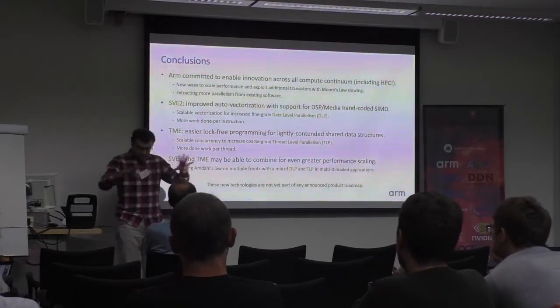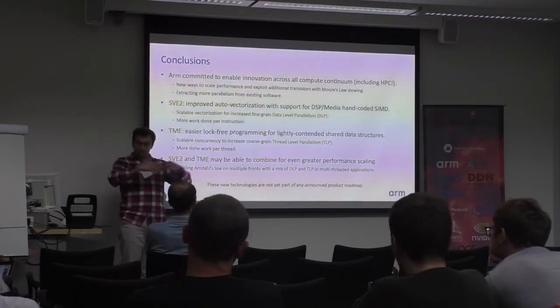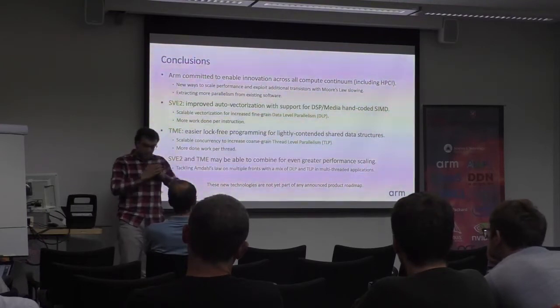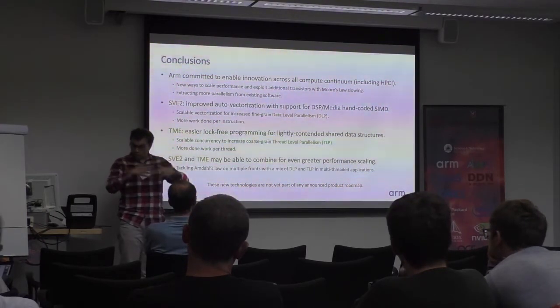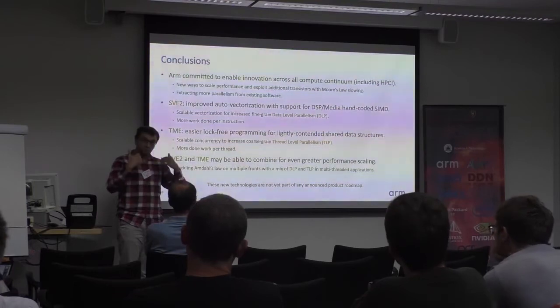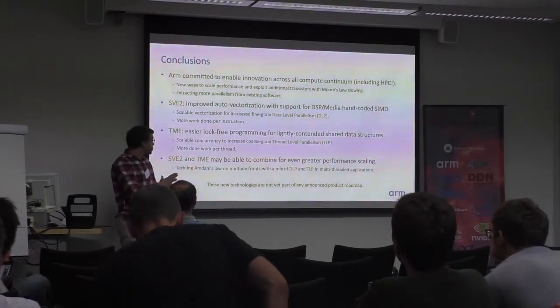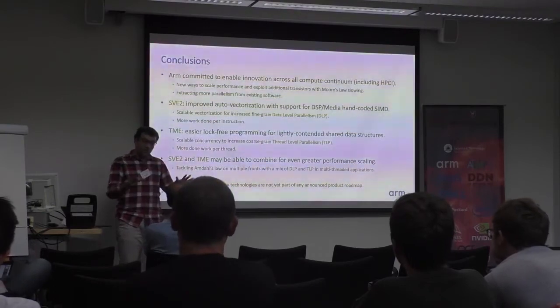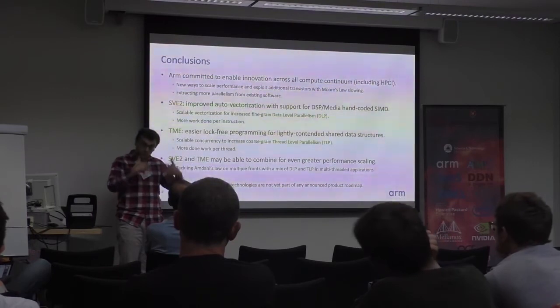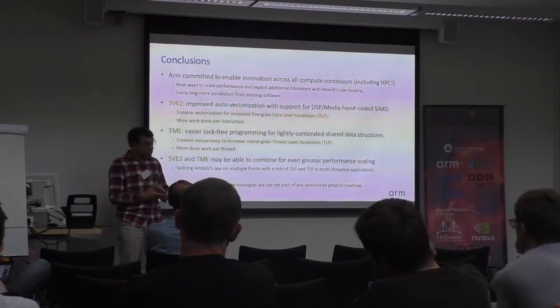So in ARM, other than the products that our partners are putting on the market, we'll try to push the boundary of what's possible to do with computing and what's possible to do with a standard CPU processor. SVE, SVE2, and TME are a couple of key technologies that we would like to see going mainstream in the future, and also be adopted as a way of optimizing in order to explore more parallelism.